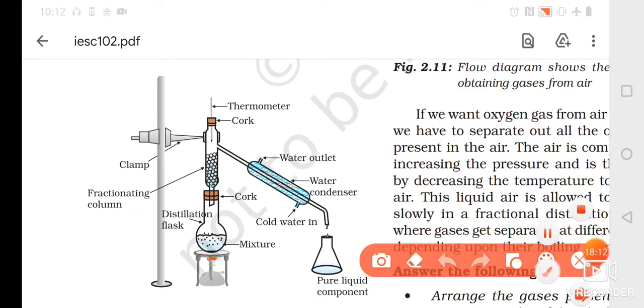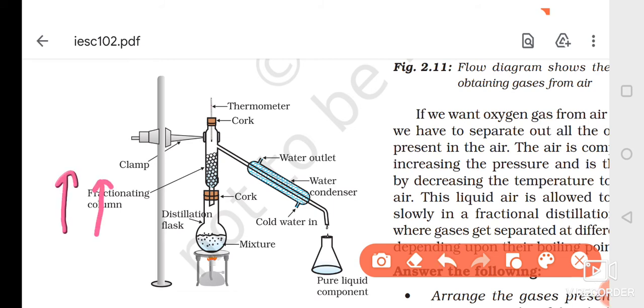Now I will start heating the mixture. As soon as the temperature reaches 80 degrees Celsius, my alcohol will start forming vapors. As soon as the alcohol forms vapor, it will move to the fractionating column. It will start rising and meet the fractionating column.